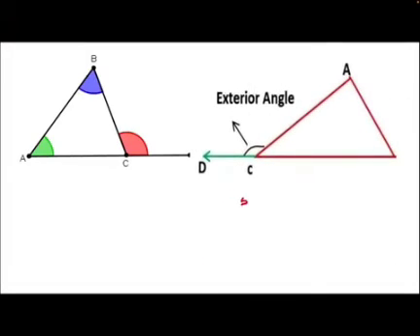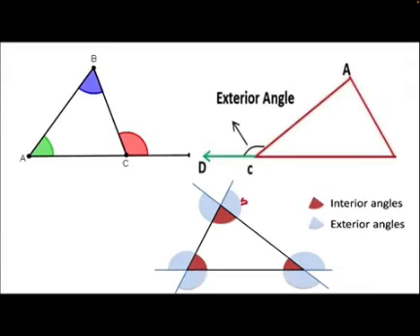Now, again, some more figures to show you exterior angles. Like I said, you can see here, this is the exterior angle, with its opposite interior angles. So now you know the property, the measure of this angle will be equal to this plus this. The measure of this angle here will be equal to this plus this.